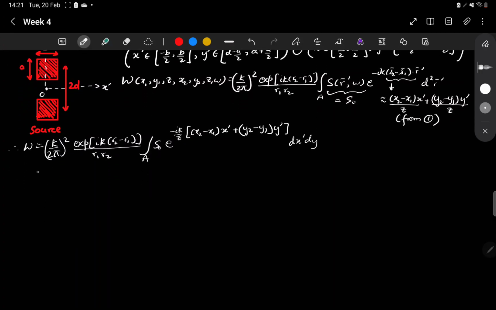Again, the integrals are separable in x and y, and s naught comes out of the integral.